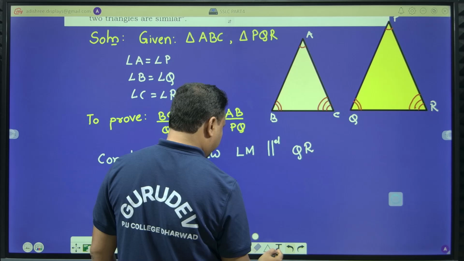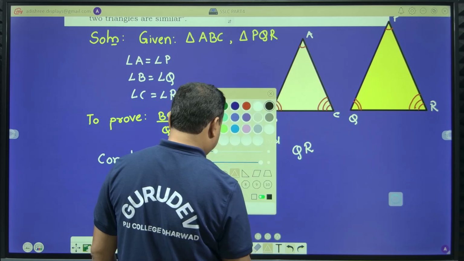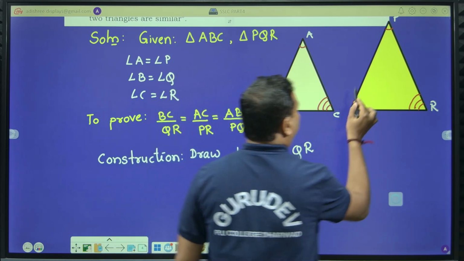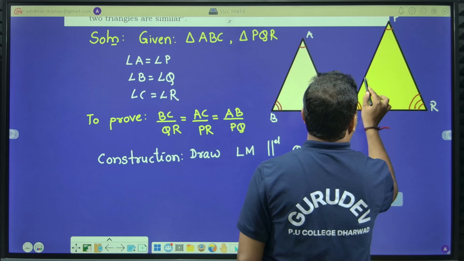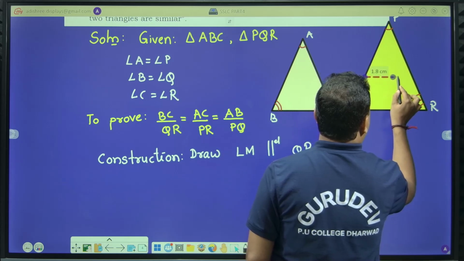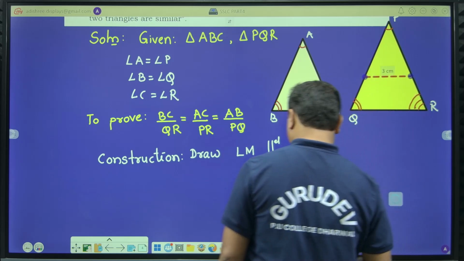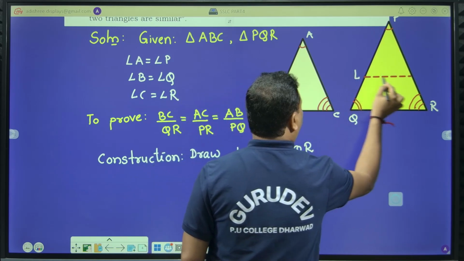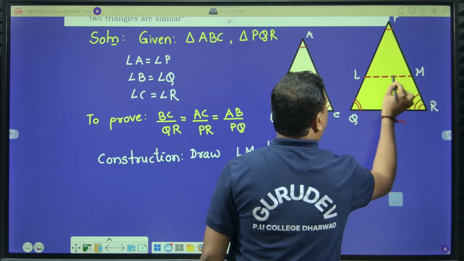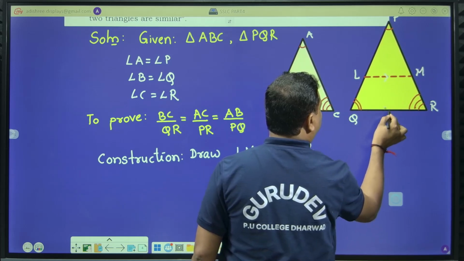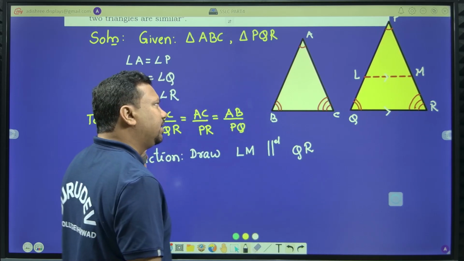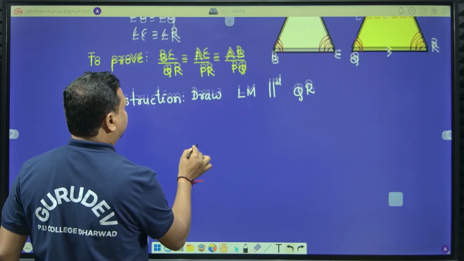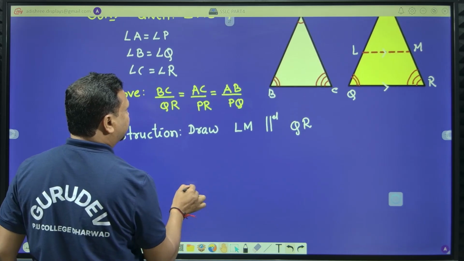So, please observe, I am taking a line which is parallel to QR like this. So, this is LM which is parallel to QR. Okay. Now, let us continue the proof.